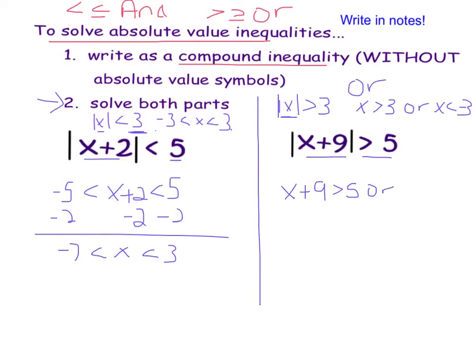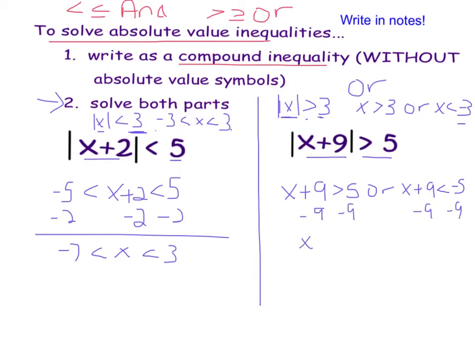And then we still had whatever was in the absolute value, but this time we switched the inequality symbol. Oops, let me grab the pen. And we made the number its opposite, so -5. So now I'm going to solve all parts.